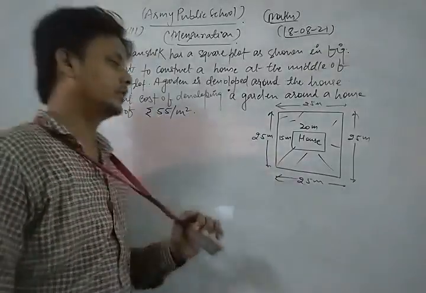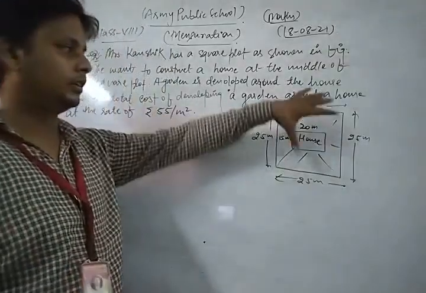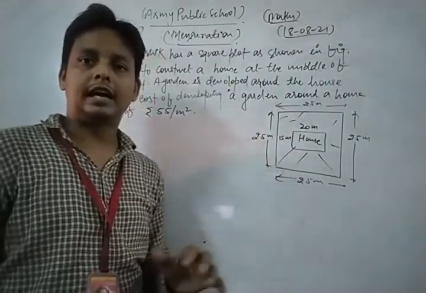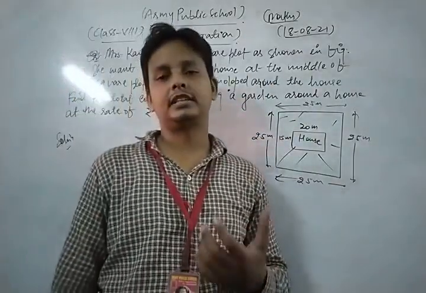So what is the process? First of all, we find the area of the square plot, because our plot is in the shape of a square.